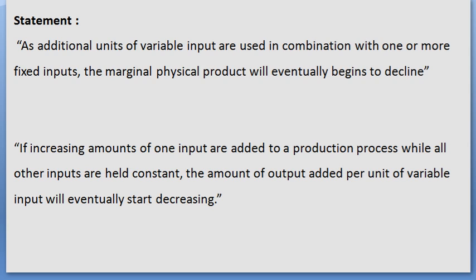It means if we additionally use any variable input in a particular production activity and other inputs are held constant, then the output received from that additional use of that input eventually starts decreasing after a certain point or after a certain level, right?